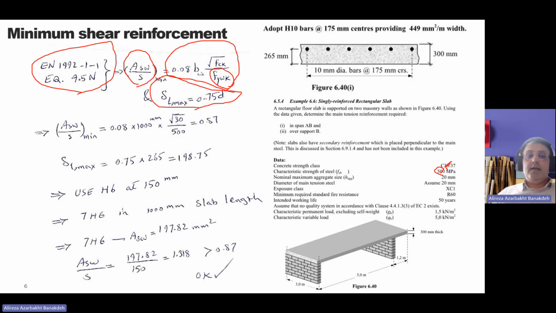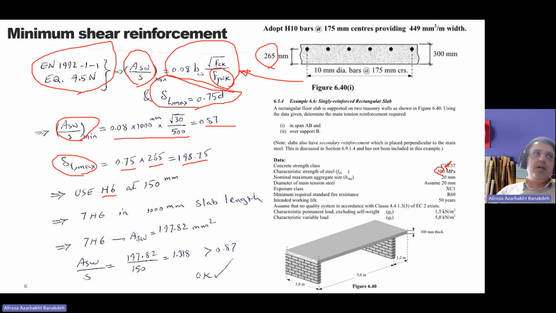So I calculated this formula and I came up with 0.85 for this ratio, the minimum for this ratio. So for now, I just calculated the spacing like 75% of 265, which was the effective depth here. So I came up with something like almost 20 centimeter. And as a designer, you need to choose what you want to use. For the shear reinforcement, we really use reinforcement number 6 or 8, not more.